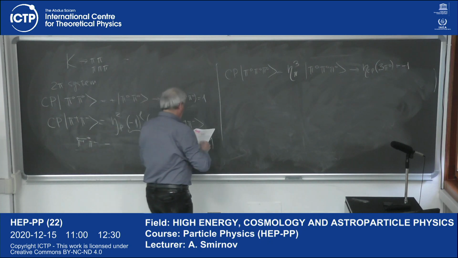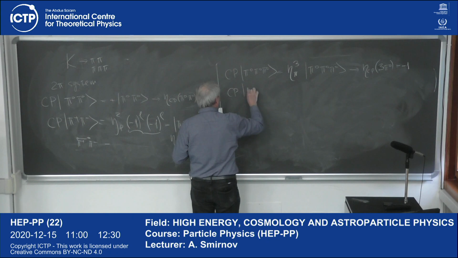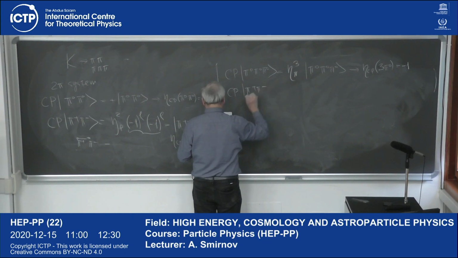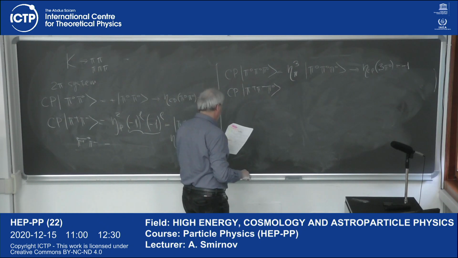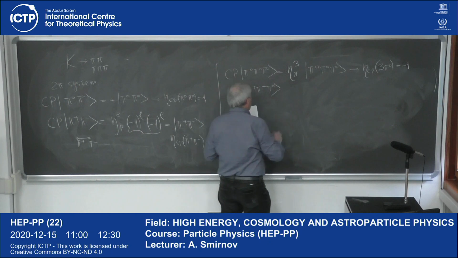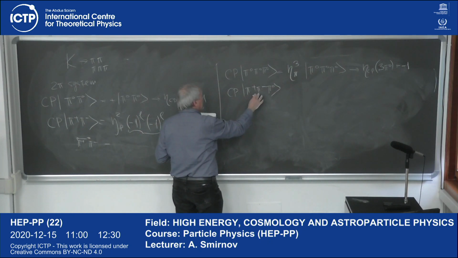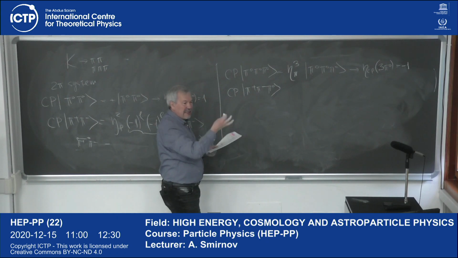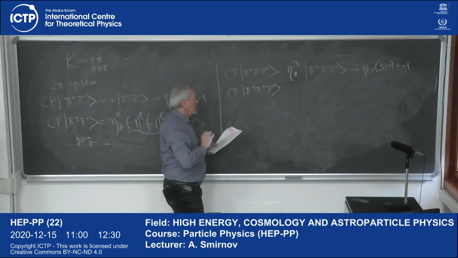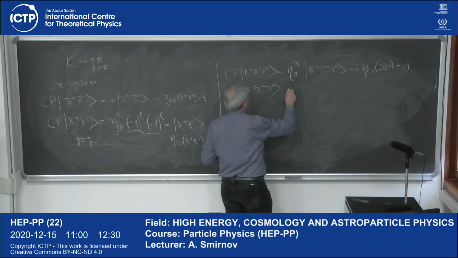And less trivial, but again you can convince yourself that CP of pi plus, pi minus, pi 0, with 3 pions, has this feature that we have pi plus and pi minus. And under C and P, again, there's a double permutation, and this factor also exists here.